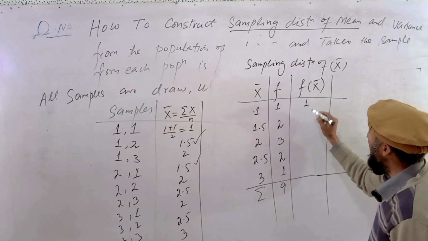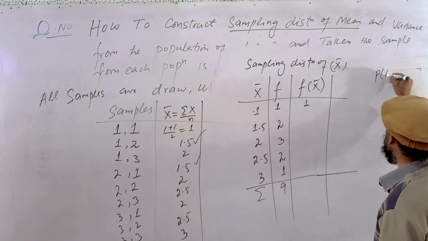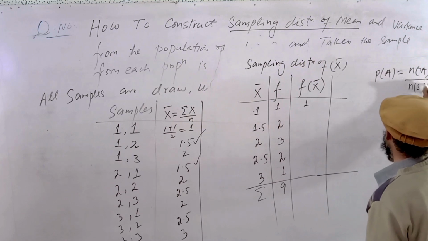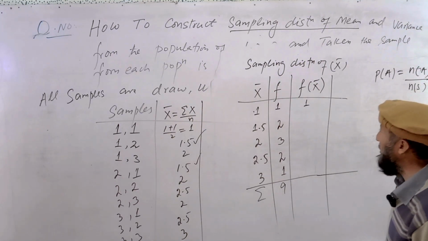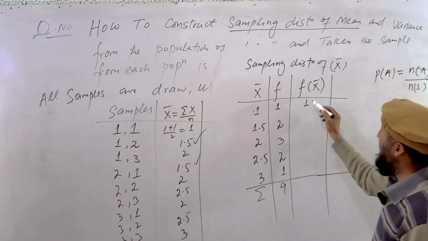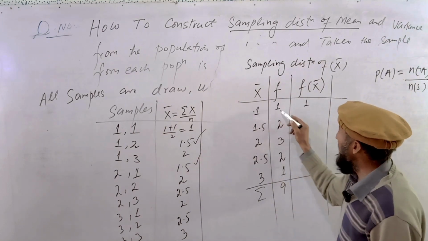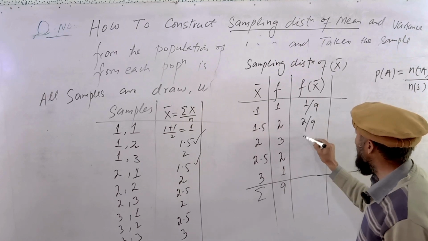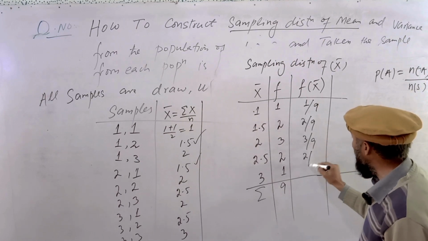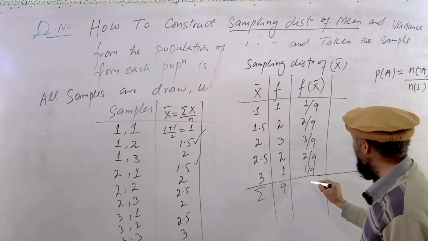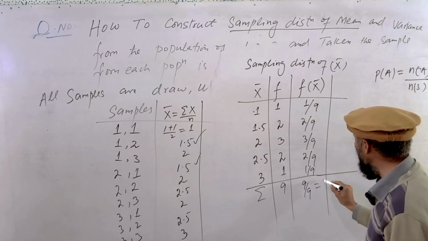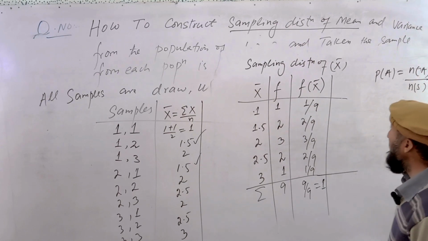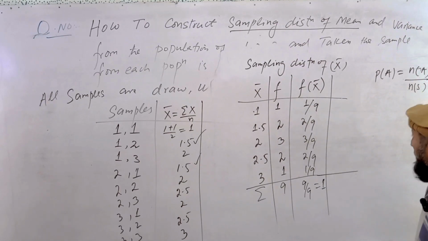Probability means the number of favorable outcomes divided by the total number of outcomes. Here the number of favorable outcomes is 1 and the total number of outcomes is 9. So 1 divided by 9, 2 divided by 9, 3 divided by 9, 2 divided by 9, 1 divided by 9. The sum, 9 divided by 9, must be equal to 1. That is called the sampling distribution of mean.